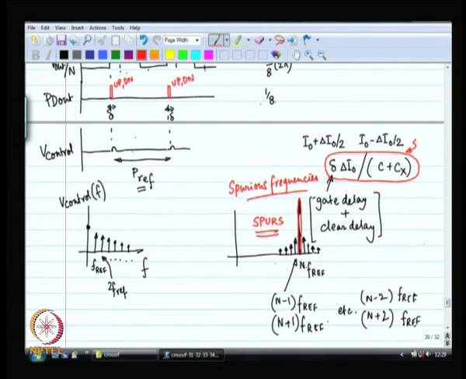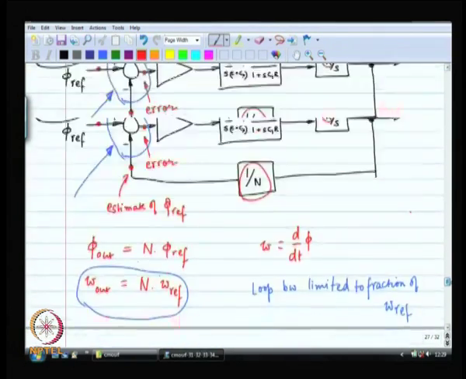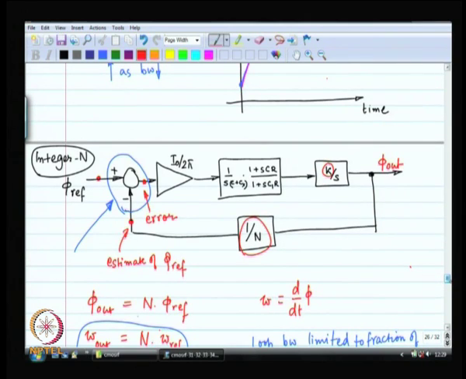So, what I am saying over here is that why do not we increase C plus Cx, that is going to reduce the tones.